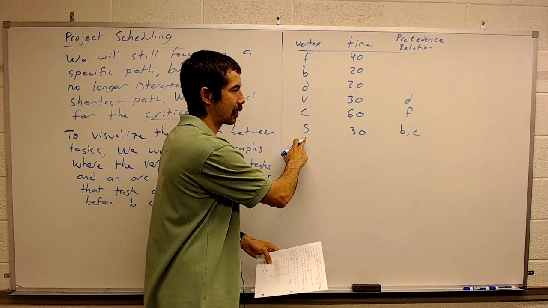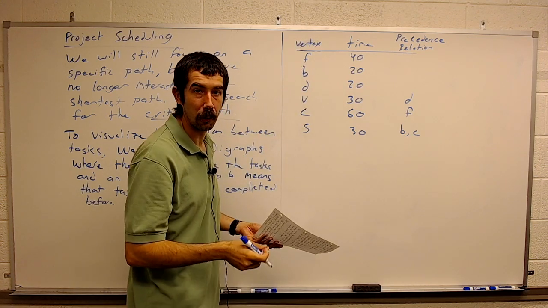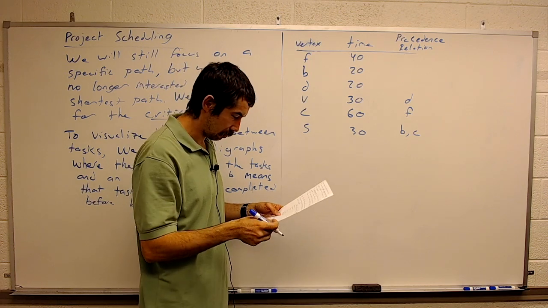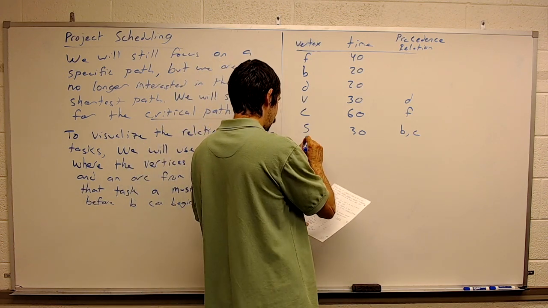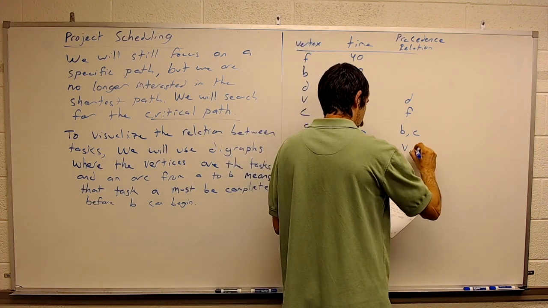Here we have task S that has two things that need to be completed before it could be started, which is okay. And then finally task T, V and C.